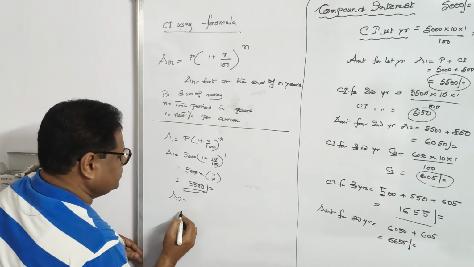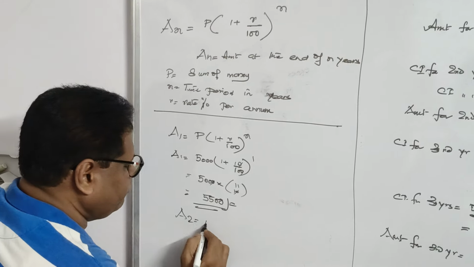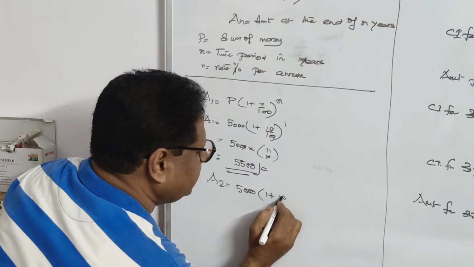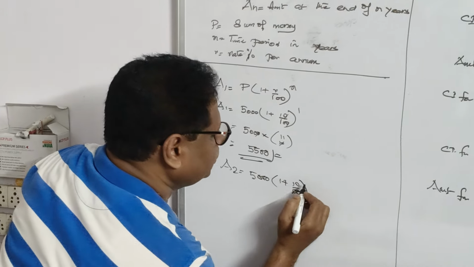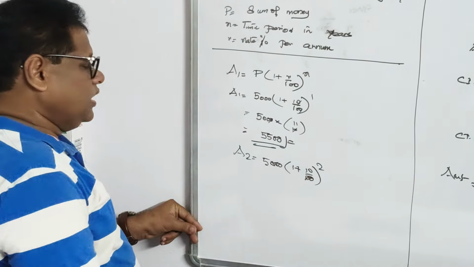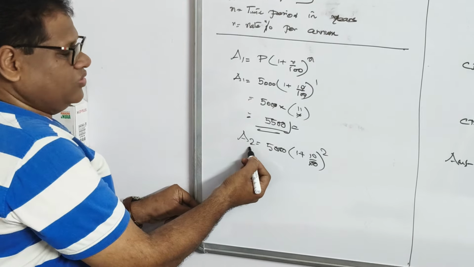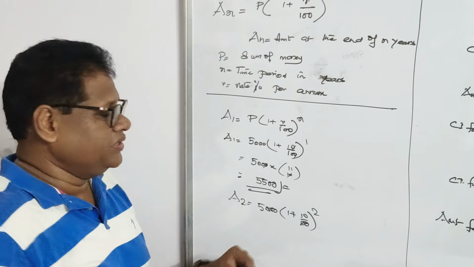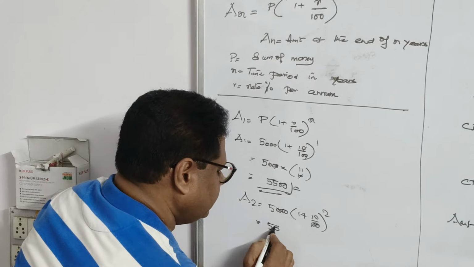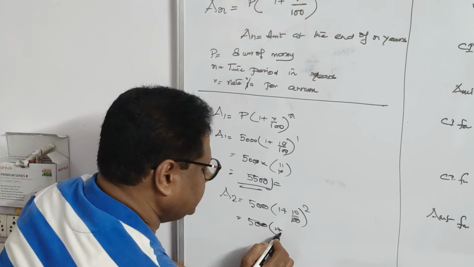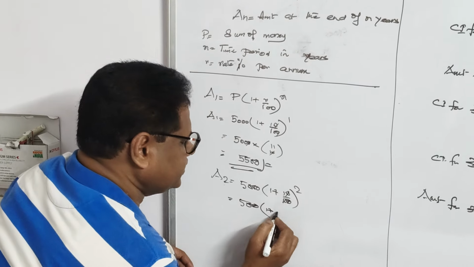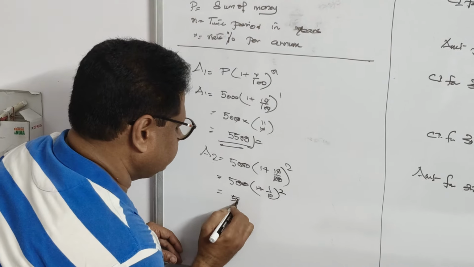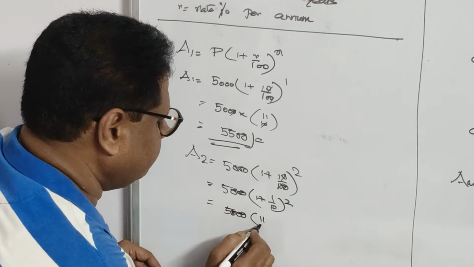Similarly for 2 years, we can calculate with the formula 5000 into 1 plus 10 by 100 to the power 2. Why 2? Because this is the amount at the end of the second year, or amount for 2 years. So definitely the time has to be 2 years, right? So this comes to 5000 into 11 by 10.